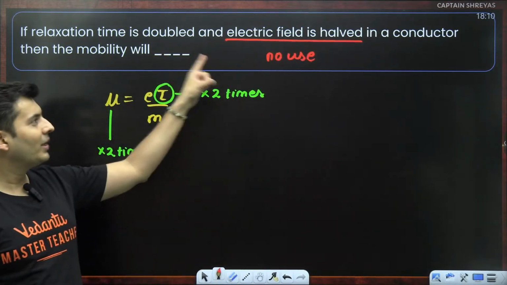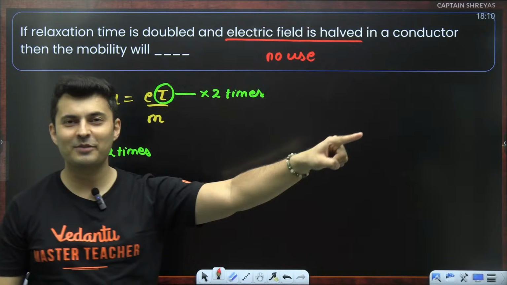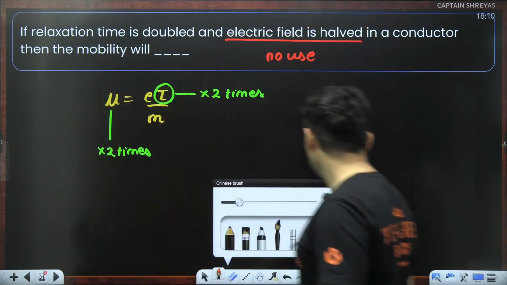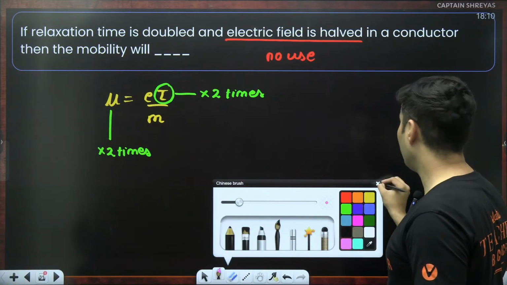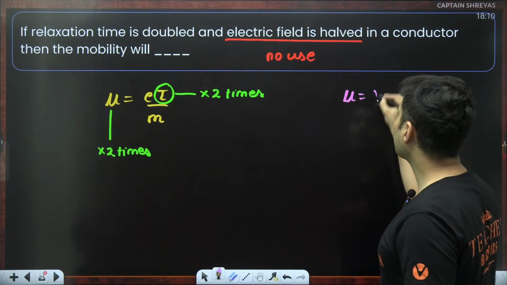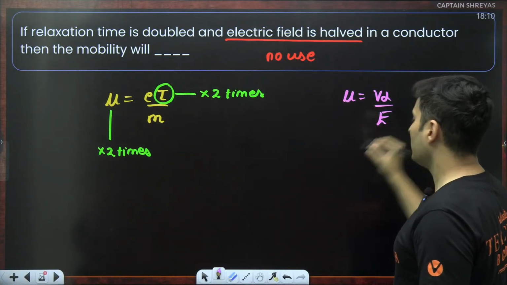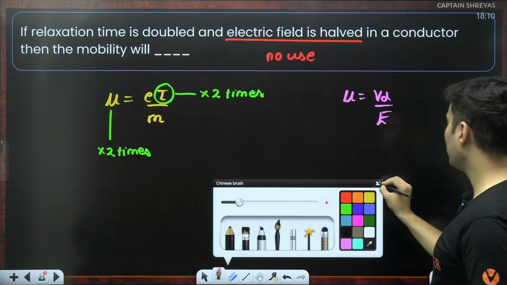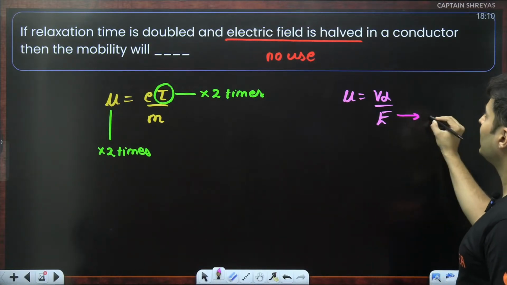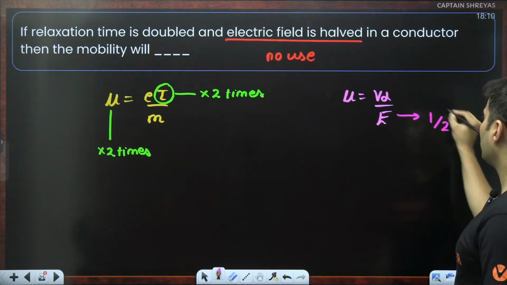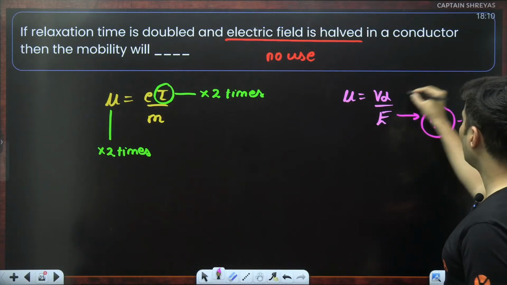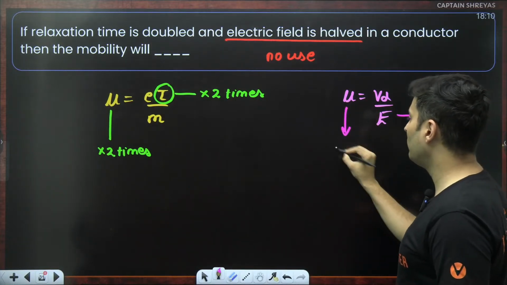A lot of people are going to get confused over here thinking about the electric field. And I have seen many people doing this, where mobility is drift speed by E. Sir, the field has become half, so that 2 goes on the top, so that's why mobility will become 2 times.